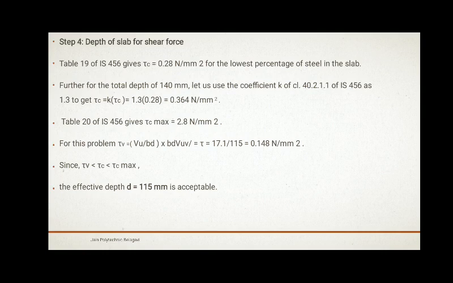For this problem, tau v is equal to Vu by b d. So we have 17.1 divided by 115, which is equal to 0.148 Newton per mm square. Since tau v is less than tau c, which is less than tau c max, the effective depth of 115 mm is acceptable.